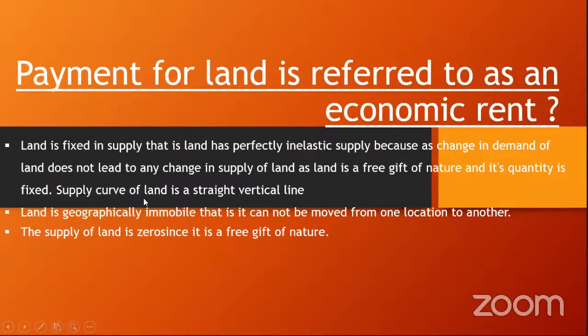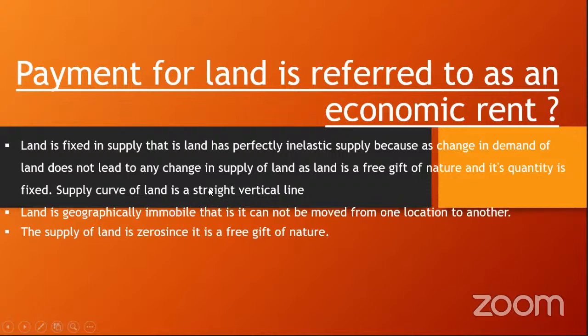Hence, the supply curve of land is a straight line, meaning it is a vertical line. I hope I'm clear there. Any questions? Or do I proceed?